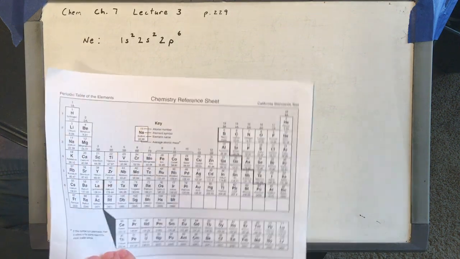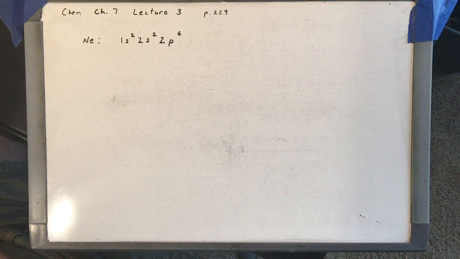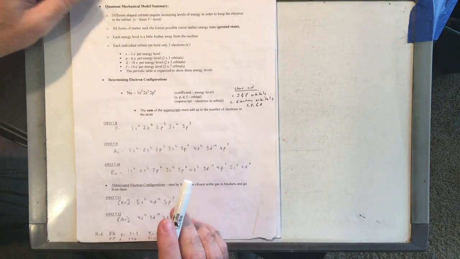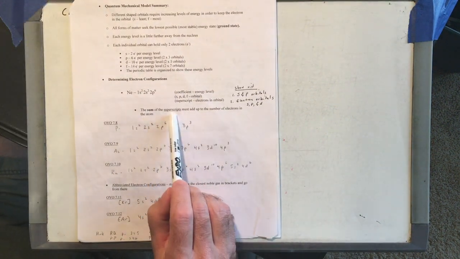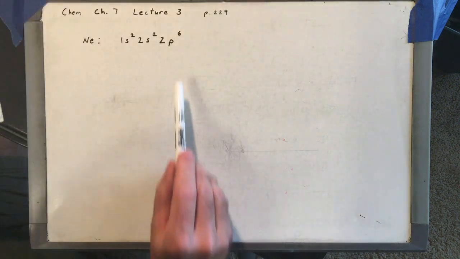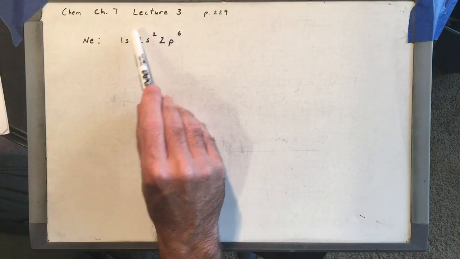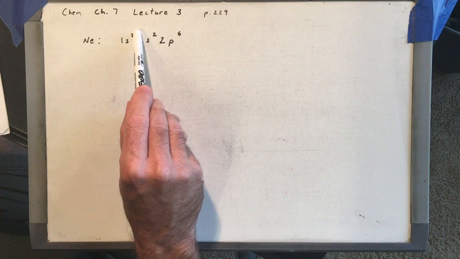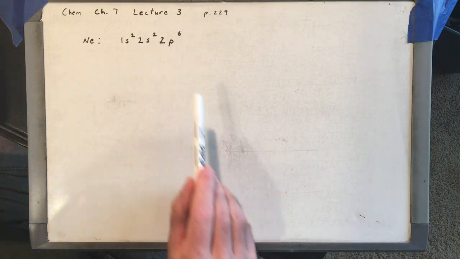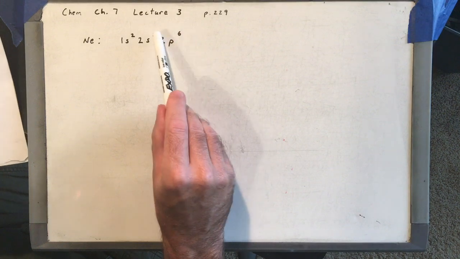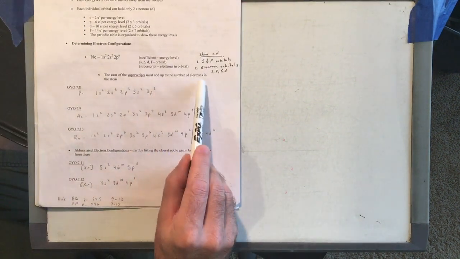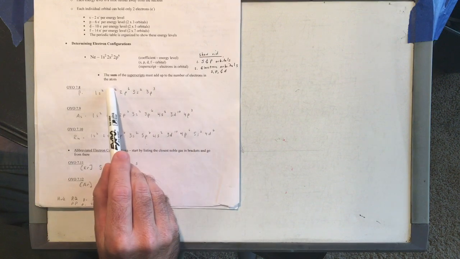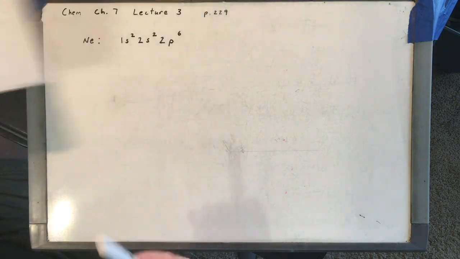Okay, back to your notes. It says the sum of the superscripts. Superscripts are up in the air, right? This is the coefficient, and then you have superscripts. There are no subscripts with this configuration. You have to write them as superscripts or I'll count off. The sum of the superscripts must add up to the number of electrons in the atom. And there's one other thing I want to tell you.